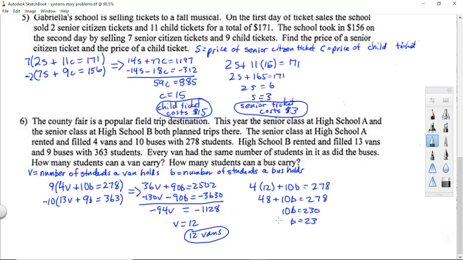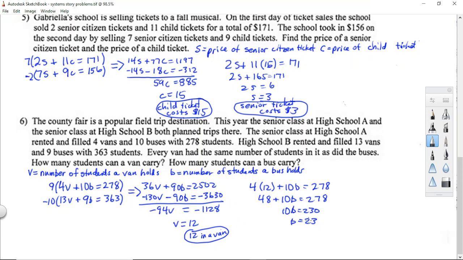Oh, I wrote down the wrong thing. I said 12 vans. That's not what they're asking for, is it? Let's go back. Sorry about that. Got in too big a hurry. V is the number of students a van holds. So sorry about that. That might have led to some confusion. So 12 in each van, we could say 12 in a van. 12 students fit in a van.